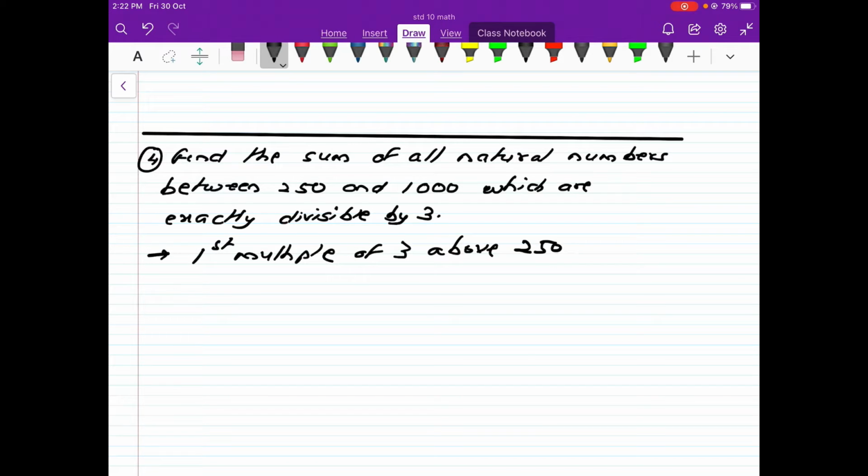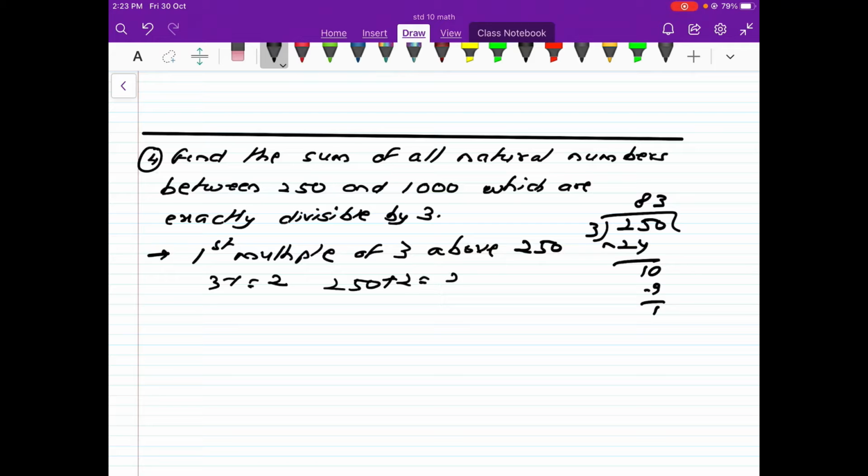When such a sum comes, we have to divide 250 by 3. 3 8s are 24, 3 3s are 9, remainder 1. So what is 3 minus 1? The difference is 2. If you add this difference to 250, you will get 252. So 252 is the first multiple of 3 above 250.